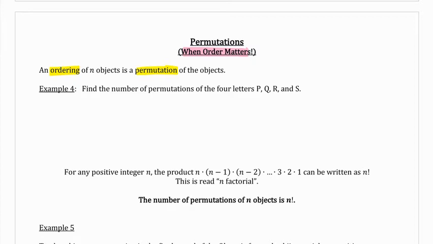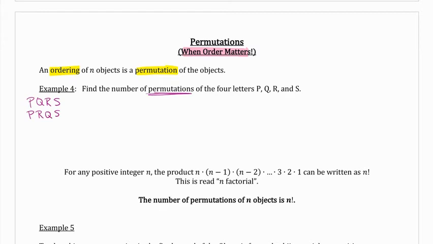So for instance, if I want to find the number of permutations of the 4 letters P, Q, R, and S, basically what I'm asking you to do is how many different ways can you order those 4 letters, right? Now I could start this by just writing out all of these different orders and counting them up. So like I could do P, Q, R, S. That's one way to order the 4 letters. I could do P, R, Q, S, right?